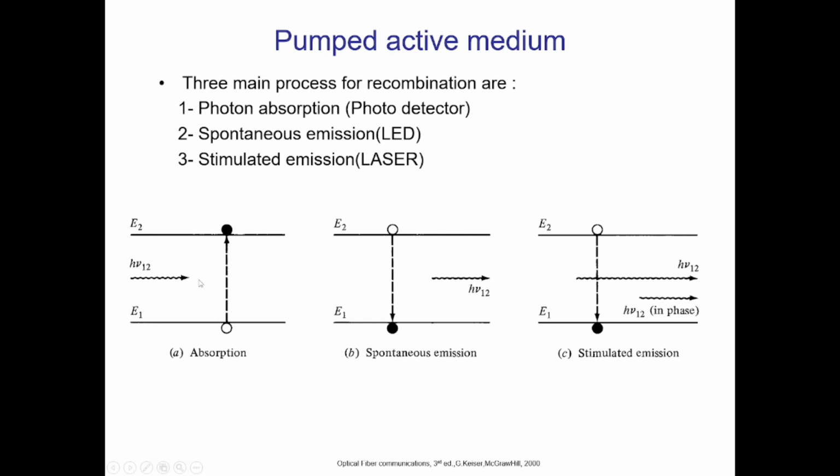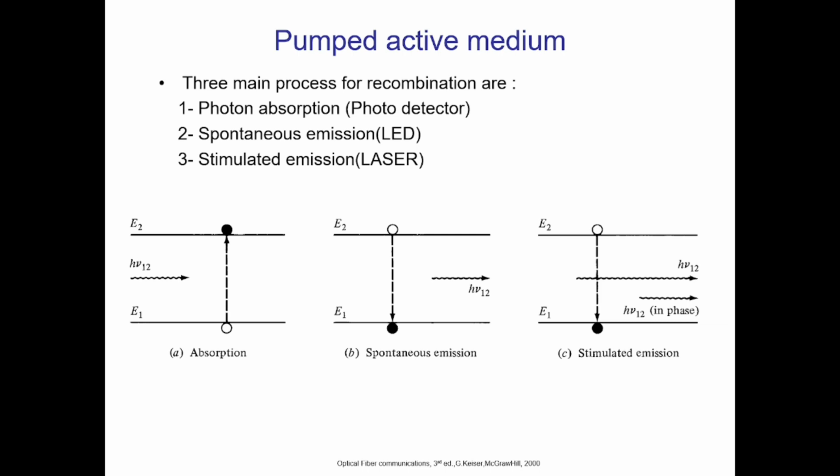Whenever light falls on a semiconductor, any PN junction will have some band gap energy, and based on that there will be some absorption of light.